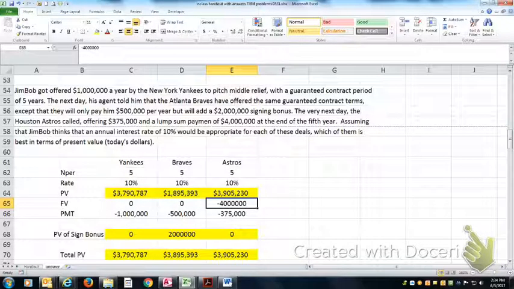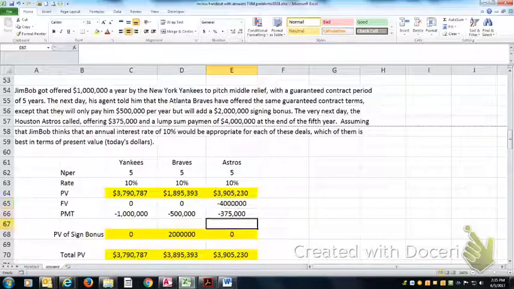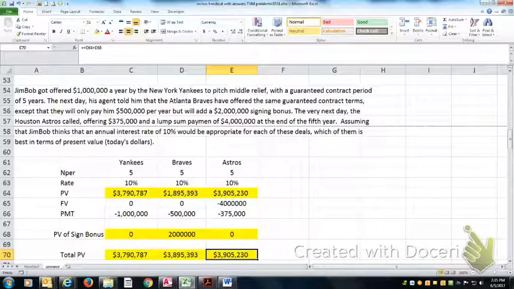Okay, so from the Astros' point of view, they're going to give 5 payments of $375,000, and then at the end of the 5th year, a single lump sum payment of $4 million, and that makes that Astros offer $3.9 million. If you could only pick up one sack full of money, the sack with the most money in it is the one you should be picking up.